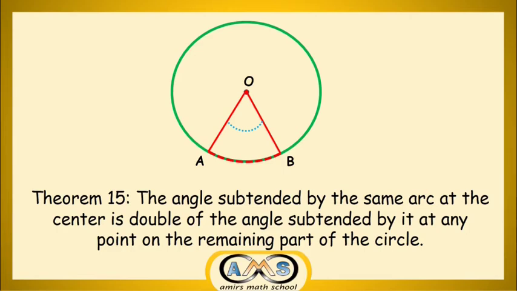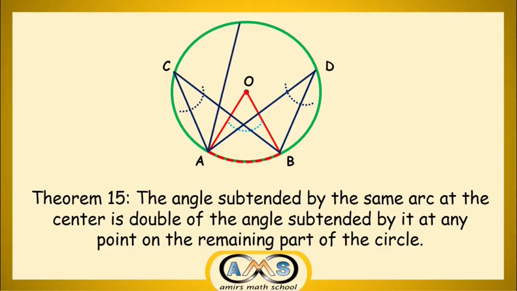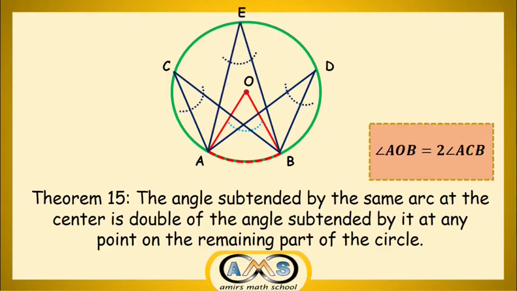And this AOB will be double any angle subtended by this arc AB on the remaining part of the circle, that is this one ACB, or this ADB, or AEB. So we can say AOB is equal to 2 times ACB, that is, AOB is double any of these angles: ACB, AEB and ADB.